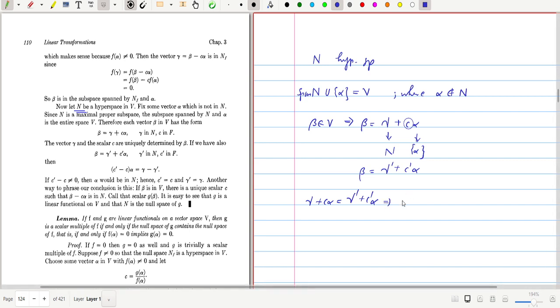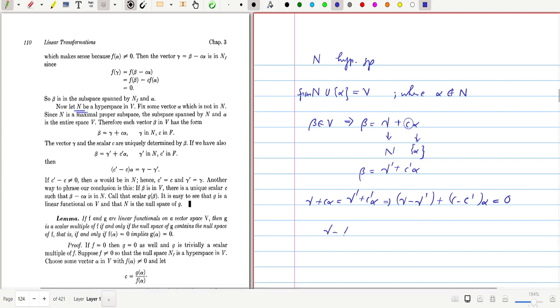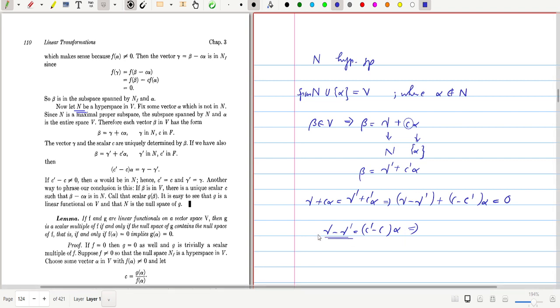So this implies gamma minus gamma prime plus C minus C prime times alpha equal to 0. Then this implies that gamma minus gamma prime equals C prime minus C times alpha. So this gamma minus gamma prime is always an element of N.